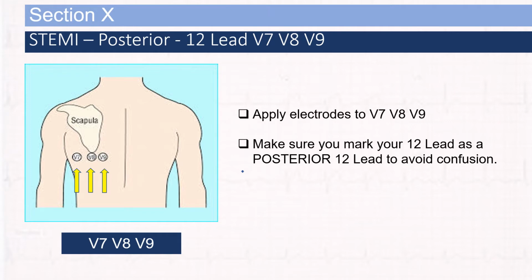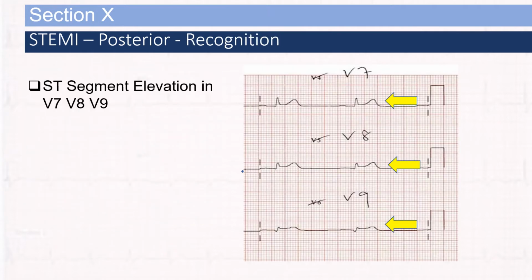That's very important. Once you have obtained your V7, V8, V9 view, it's as simple as just looking to see if there's elevation or depression. Please note on this picture, they have crossed out V4, V5, V6, and written in large letters V7, V8, and V9.